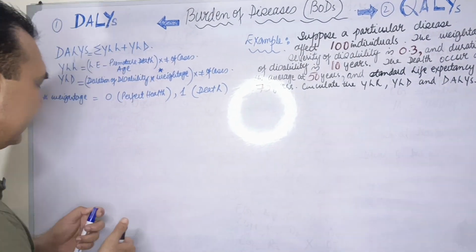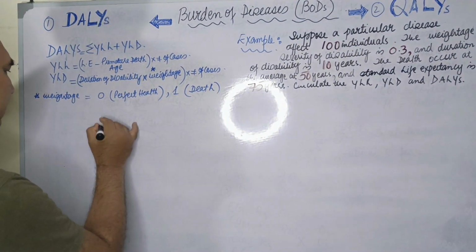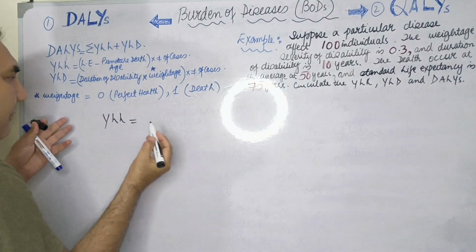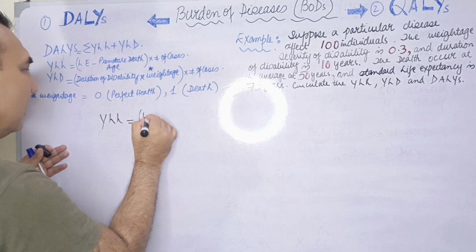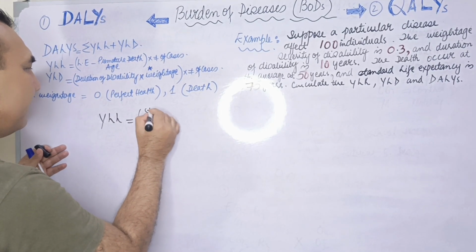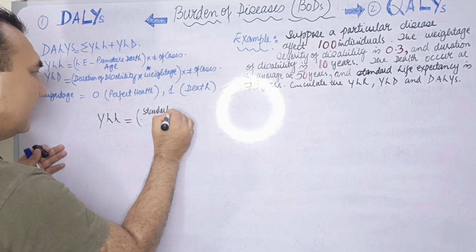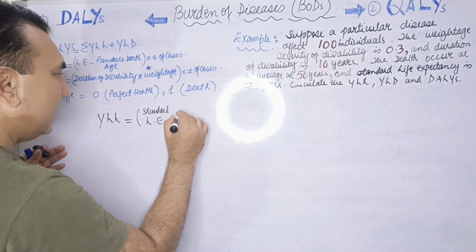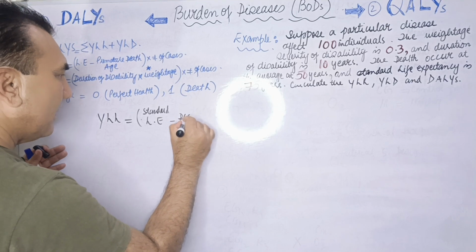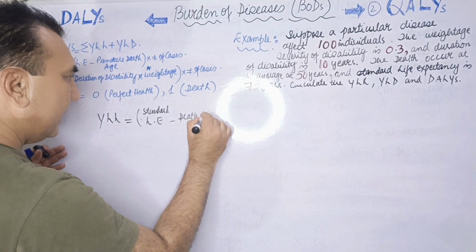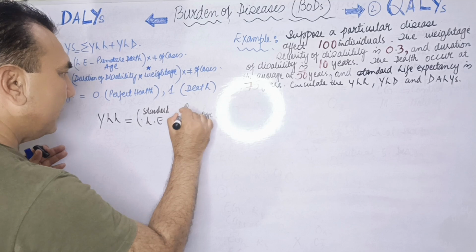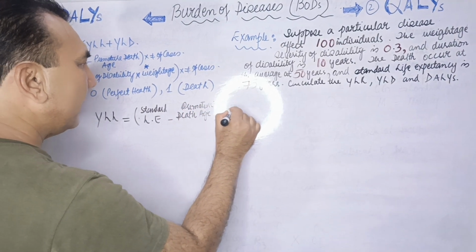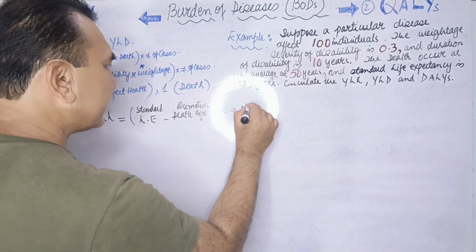The first one is the YLL. What is the formula for YLL? Standard life expectancy, we will subtract the premature death age, and multiply by the number of cases.